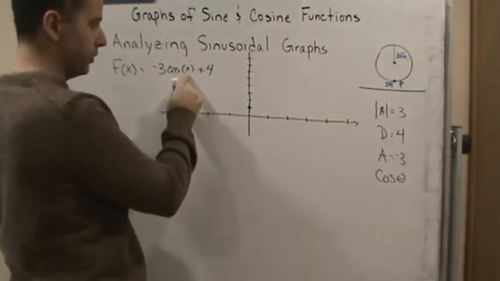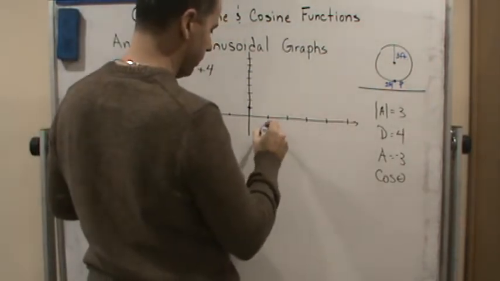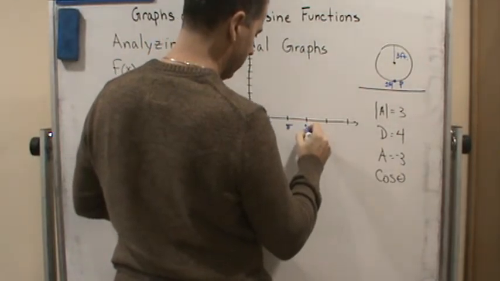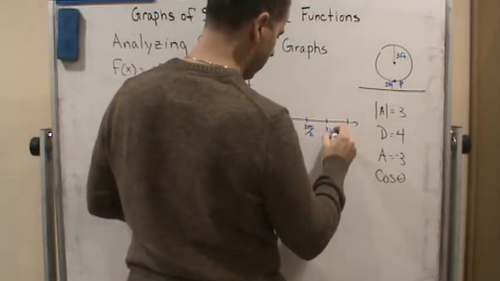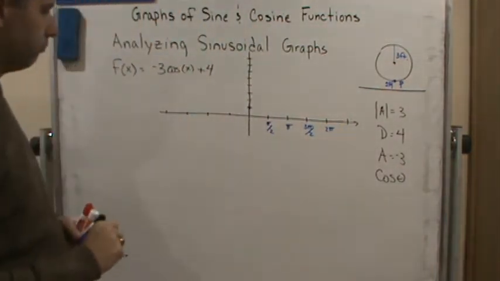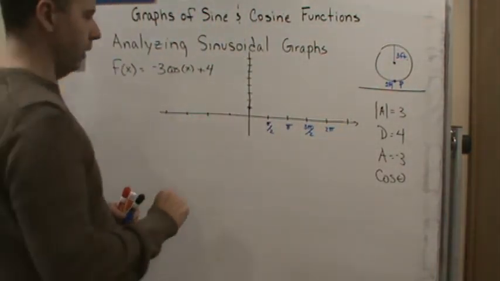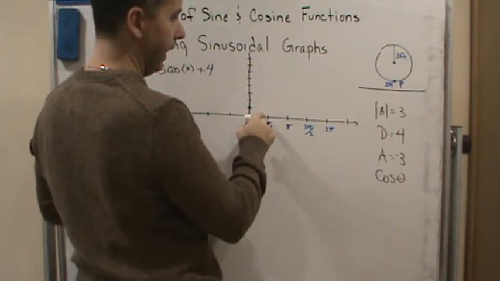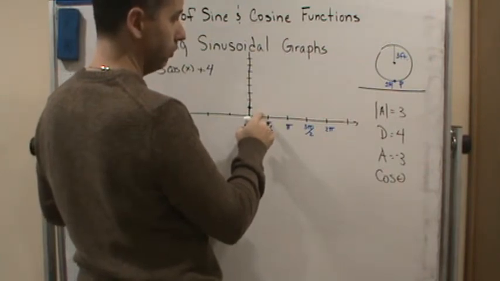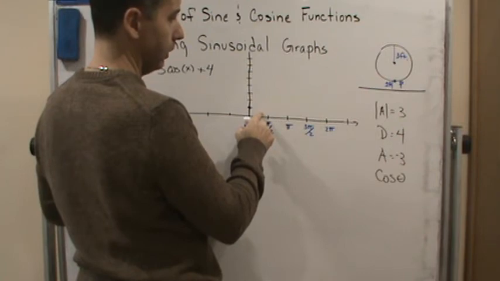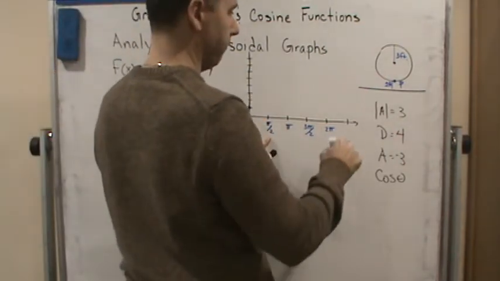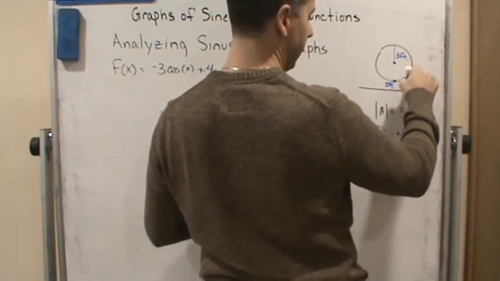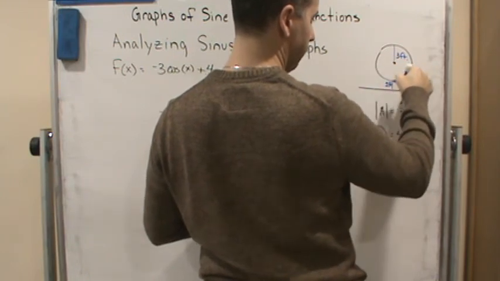Now the period is still 2 pi, right? So we're going to go from pi over 2, pi, 3 pi over 2, 2 pi. Okay, so it starts at the lowest point, which is at 1 foot, and then at pi over 2, which is going to be 90 degrees, it goes to what? Well, at pi over 2, it's going to be at 90 degrees from here.